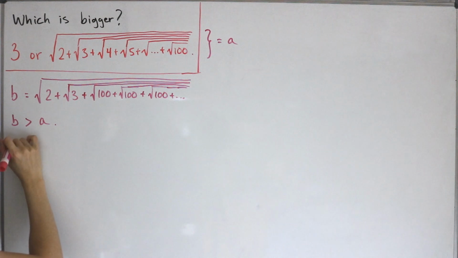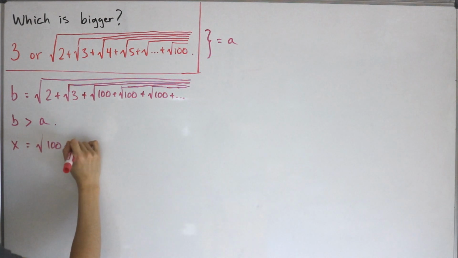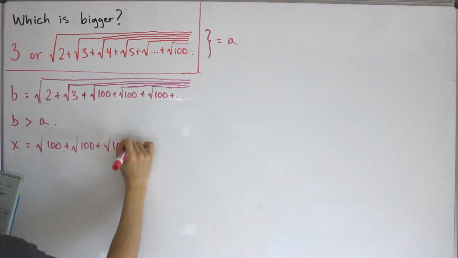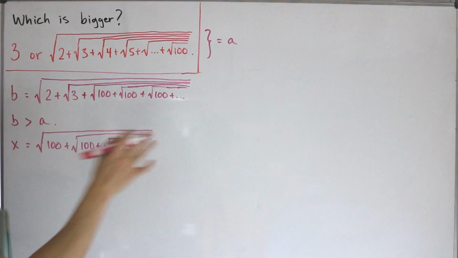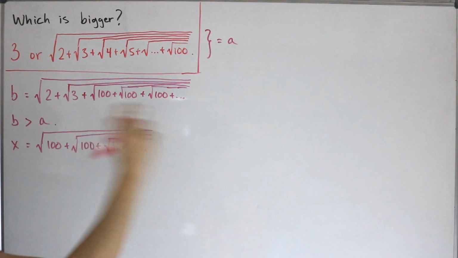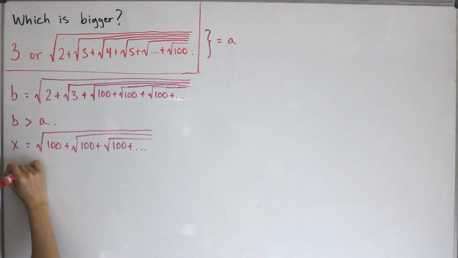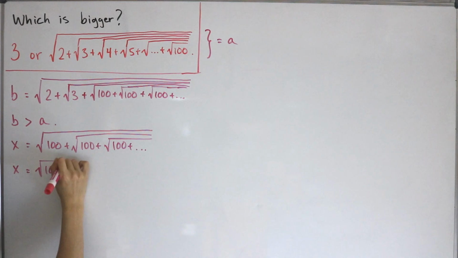So let me call that number x. So x equals the square root of 100 plus the square root of 100, and this continues on so on and so forth. So let me put this back over here. Assuming this has some convergence, since it's infinitely nested, the repeating cycle means x equals a certain number, so I can write that as x equals the square root of 100 plus x.